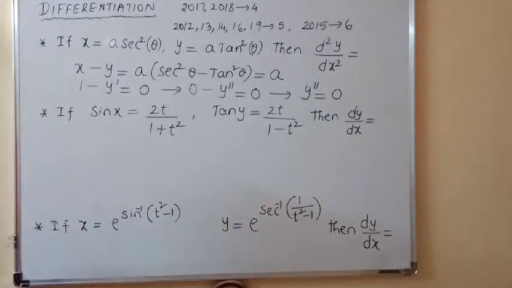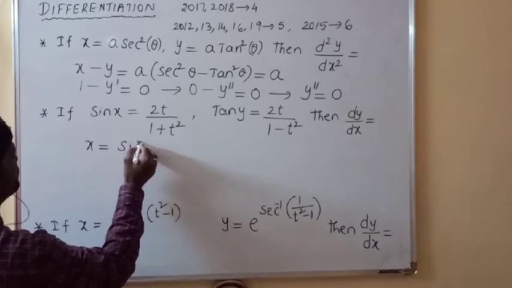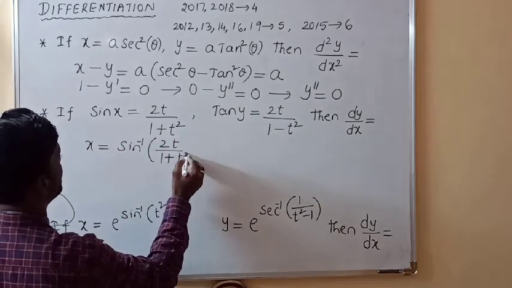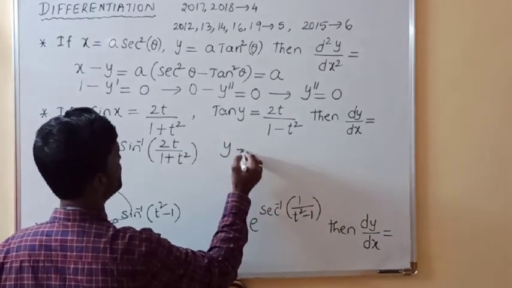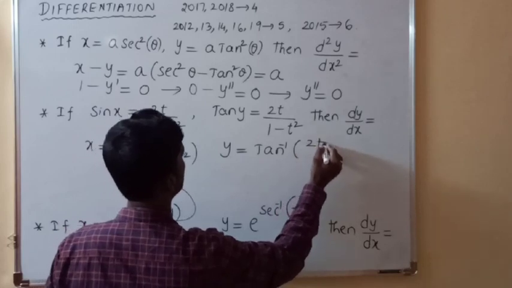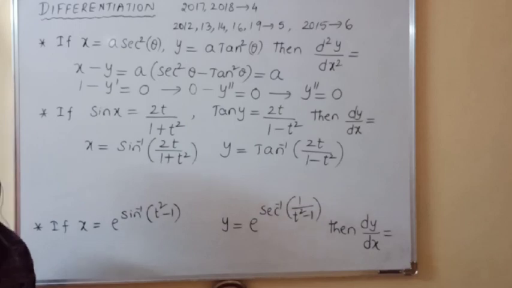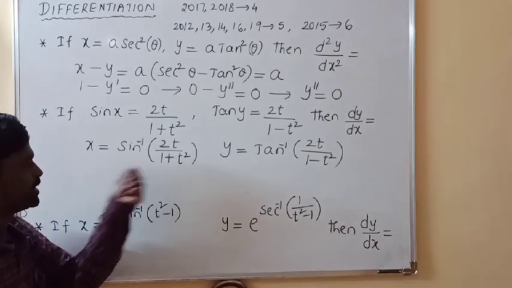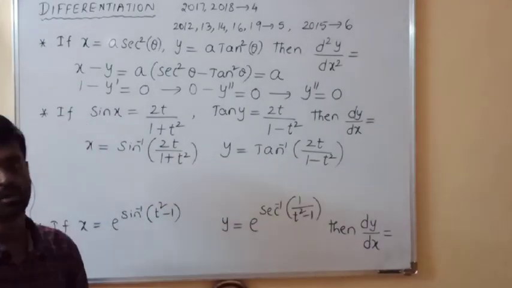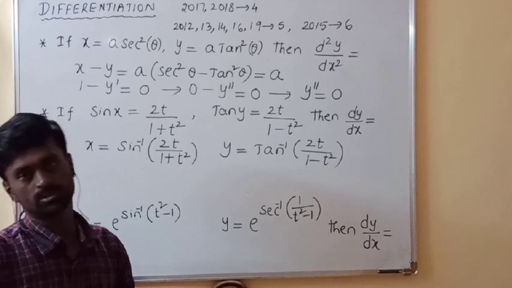So from this equation, x is equal to sine inverse of 2t by 1 plus t square. And the second equation can be written as y is equal to tan inverse of 2t by 1 minus t square. We know that sine inverse of 2t by 1 plus t square is the same as tan inverse of 2t by 1 minus t square, and it is equal to 2 tan inverse t.